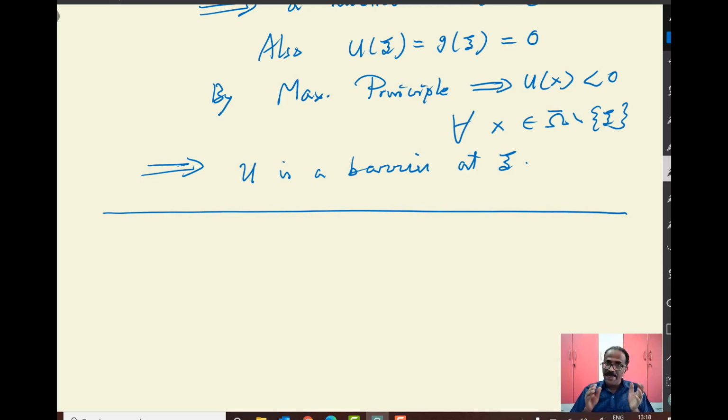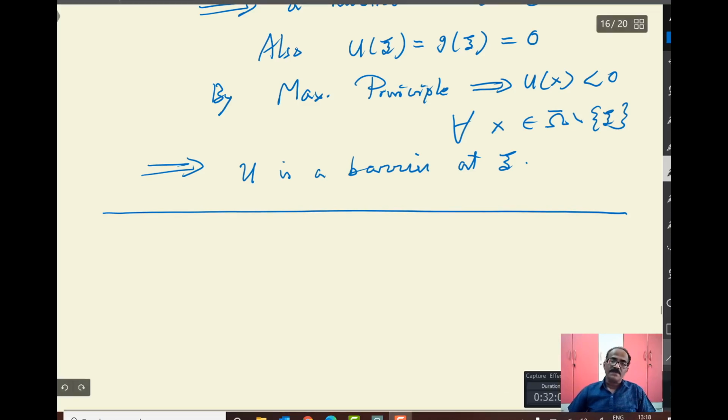But the main idea from next lecture onwards is to study the case of a Newtonian potential, because Laplacian U equal to 0 with U equal to G is completed, except some remarks which I will do here. But then Laplacian U equal to F with U equal to G, we will start studying from the next class onwards. Another 4 or 5 lectures we will do this one. So we'll stop here. Thank you.